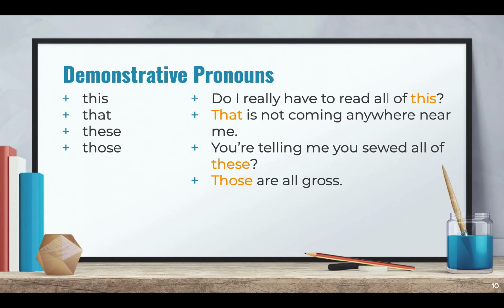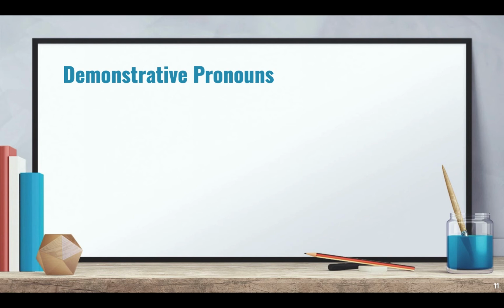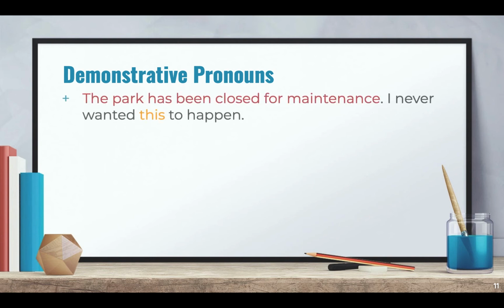The antecedents of demonstrative pronouns, and sometimes the pronoun it, can be more complex than that of personal pronouns. Take a look at these examples. The park has been closed for maintenance. I never wanted this to happen. In this example, the antecedent for this is the entire idea of the park closing.